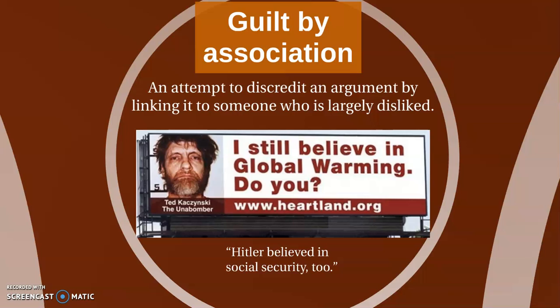And it's essentially saying that the Unabomber believes in global warming. And the implication here is, do you really want to share the same belief as this crazy person? So I think that this is a fallacy that people use a lot, and you have to really be able to separate out the belief from the person or from their behavior.